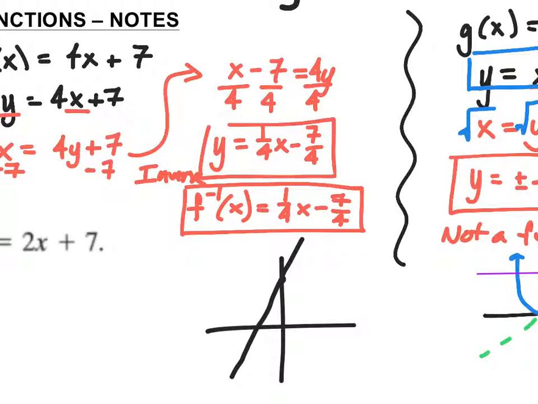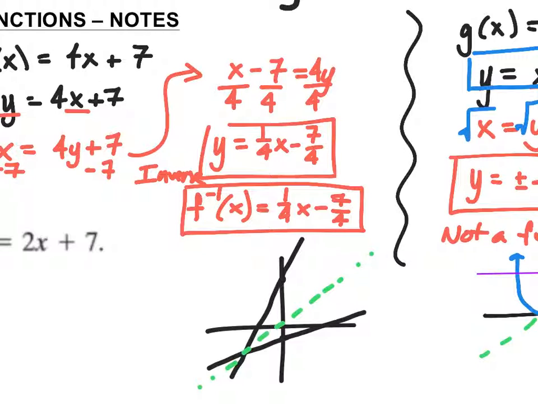And then 1/4 x minus 7/4 looks like this-ish, and this is reflected over the line y equals x. It's not the best graph, but it'll do.